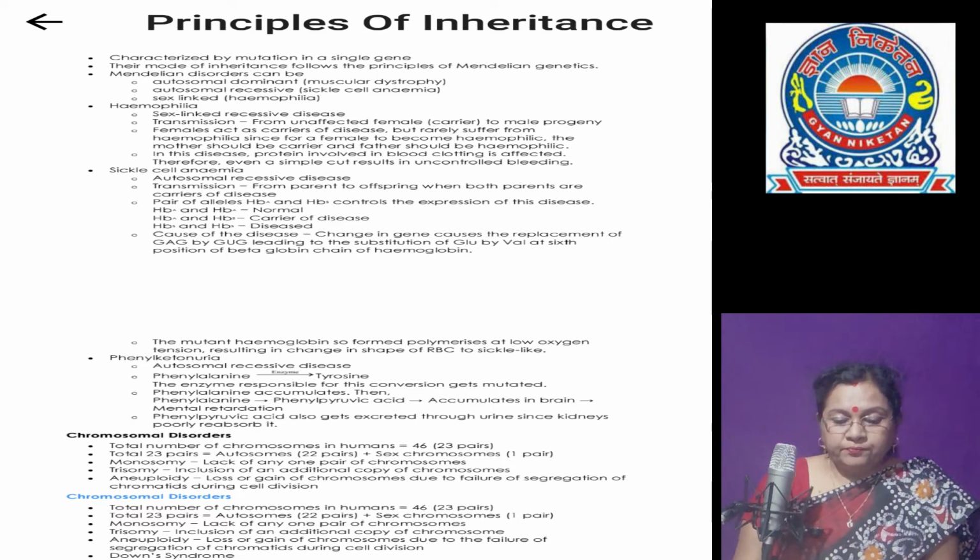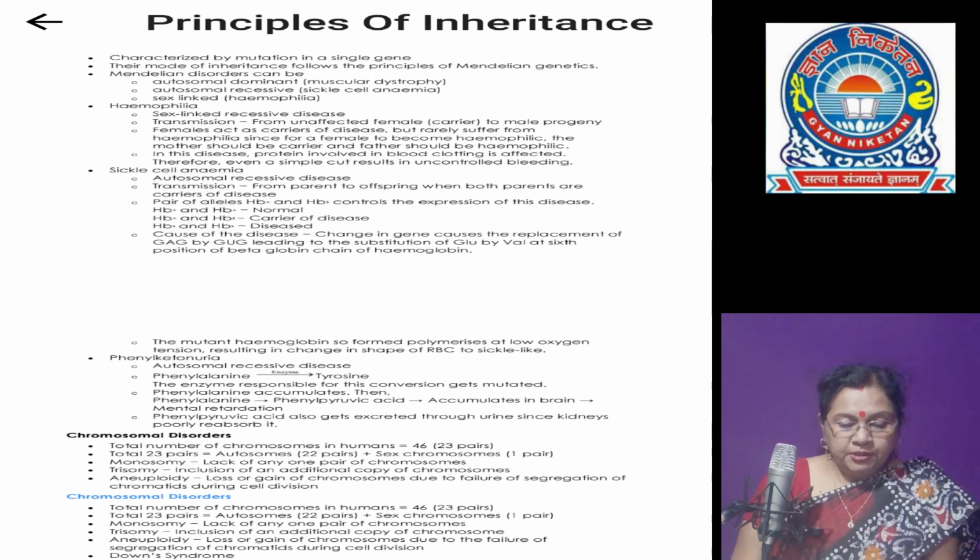It results in a reduced rate of synthesis of one of the globin chains of the hemoglobin and causes anemia. Thalassemia is also of two types, alpha thalassemia and beta thalassemia.